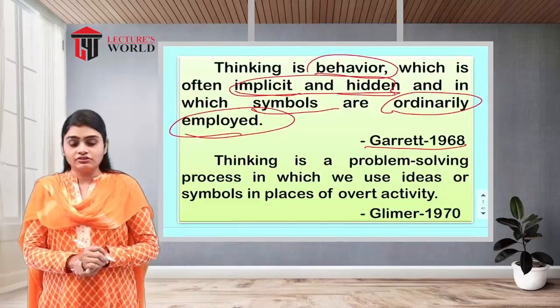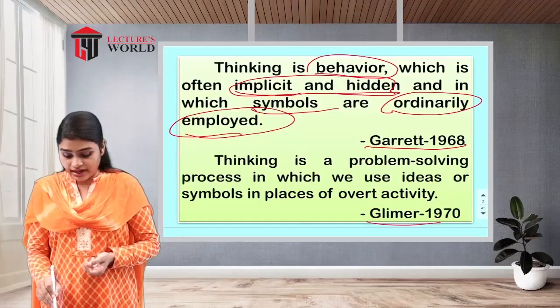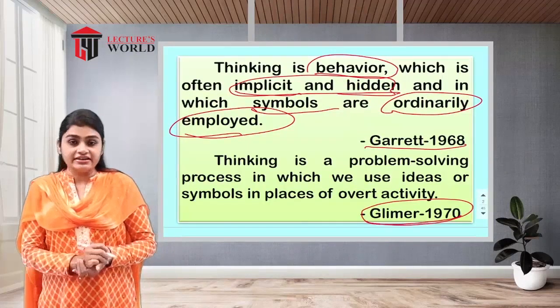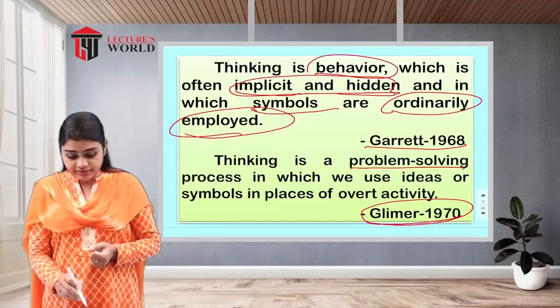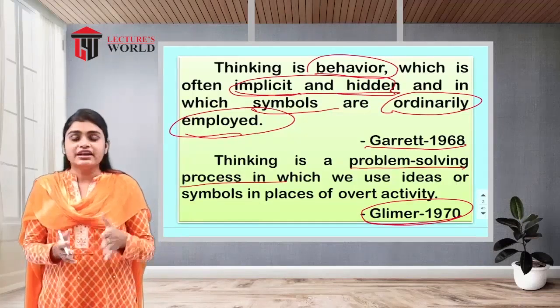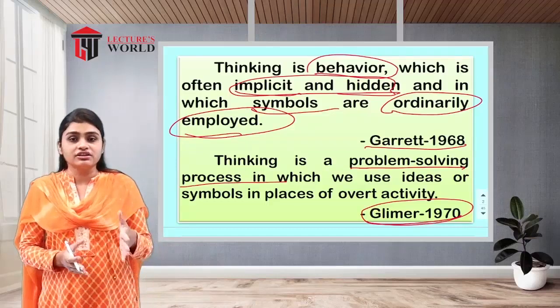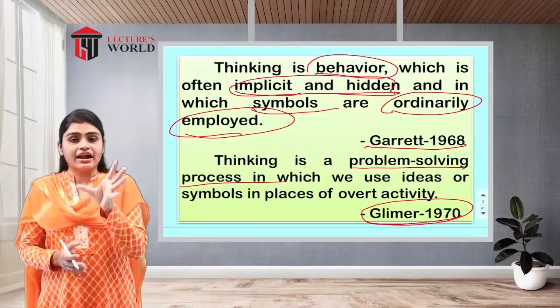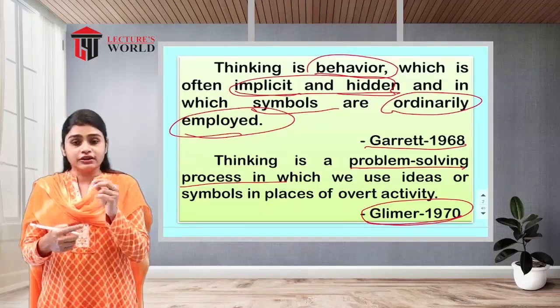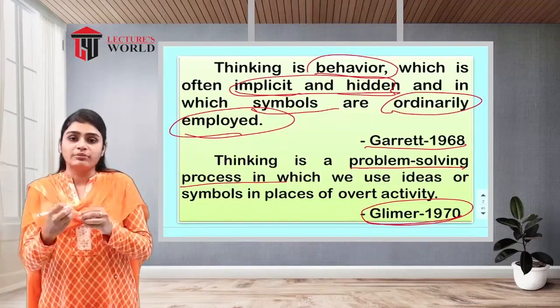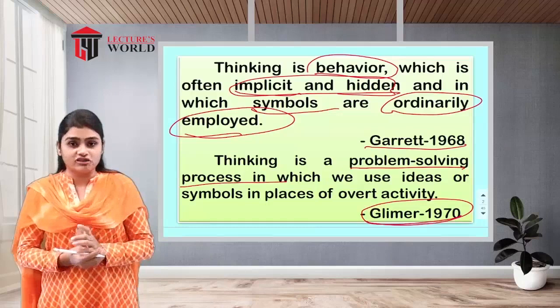The next definition of thinking is by Gleimer in 1970. According to him, thinking is a problem-solving process. As we discussed earlier in the introduction, whenever there is a problem, it initiates a thinking process. As a result, to solve the problem, our thinking process is initiated.